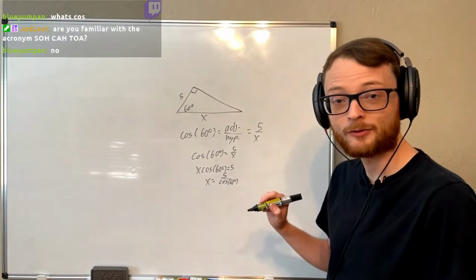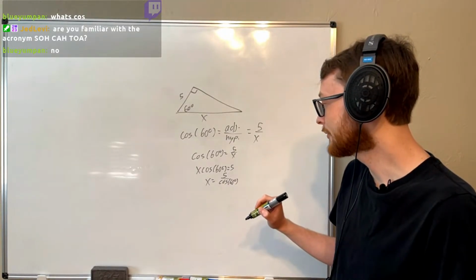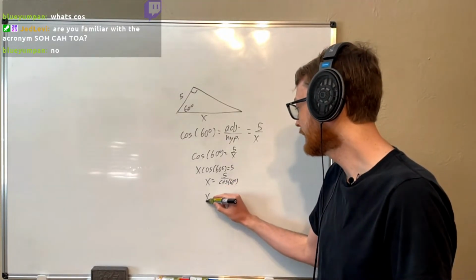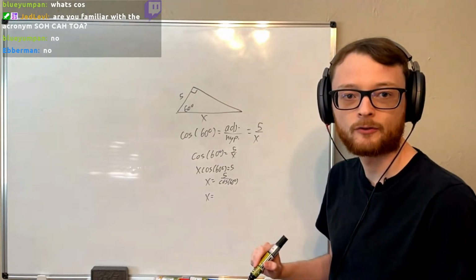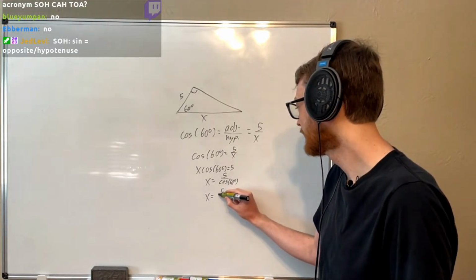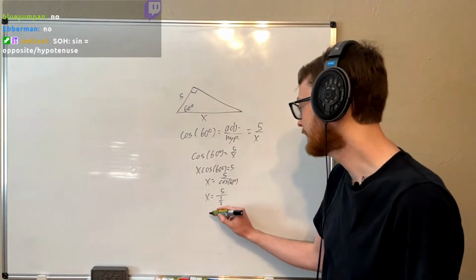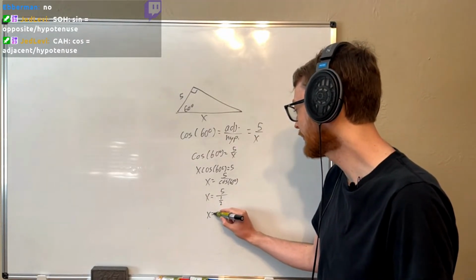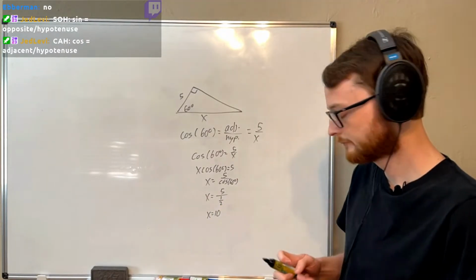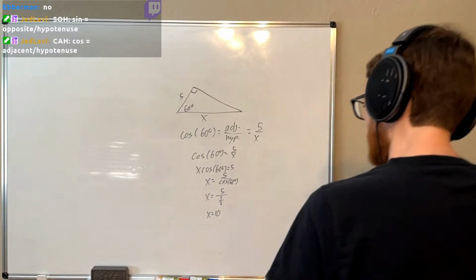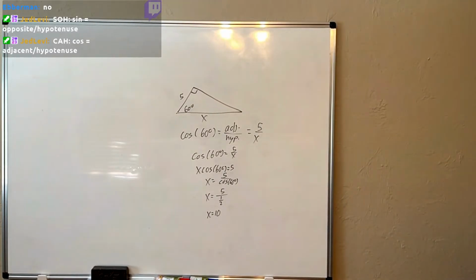So you can plug it into your calculator, or if you're a nerd, you can happen to know that cosine of 60 is 1/2. So 5 over 1/2, you flip the fraction up, so it's like multiplying by 2, so x equals 10. If you're just learning this stuff though, I'd just use a calculator.